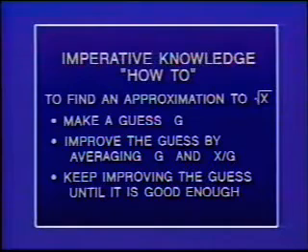And what it says is that in order to find a square root, you make a guess, you improve that guess, and the way you improve the guess is to average the guess and x over the guess, and we'll talk a little bit later about why that's a reasonable thing, and you keep improving the guess until it's good enough. But that's a method. That's how to do something, as opposed to declarative knowledge that says what you're looking for. That's a process.